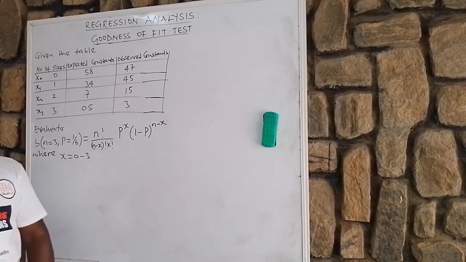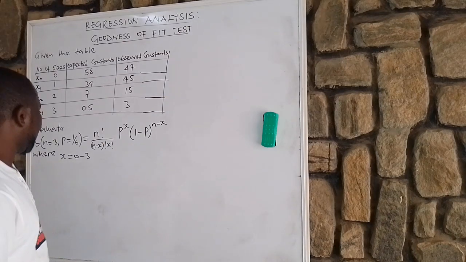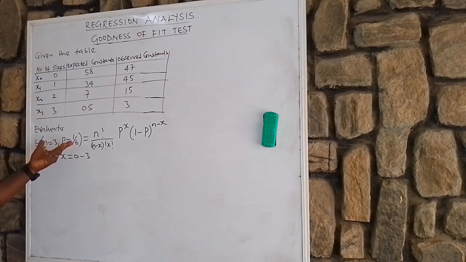It's simple as ABC. The variables have already been given here. So when we say x equals 0 to 3, we are talking about this number of sixes: 0, 1, 2, 3.